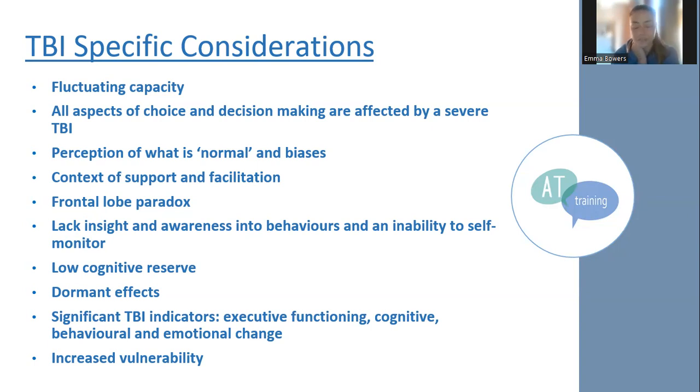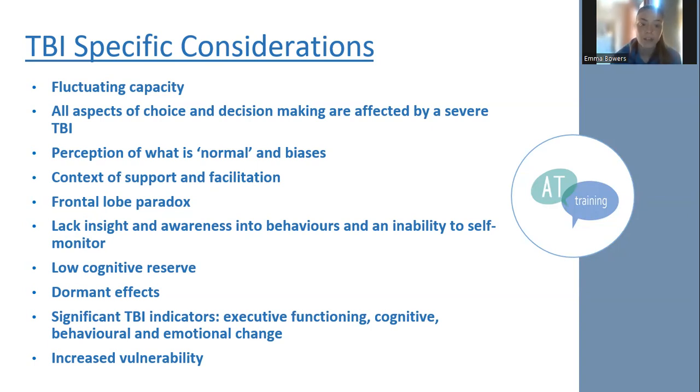So she actually had a phenomenal support team. They were amazing. They essentially were her external frontal lobes. And with that support and with that facilitation, she was able to safely use social media. However, without that, absolutely unable to safely use social media and posed huge safeguarding risks.